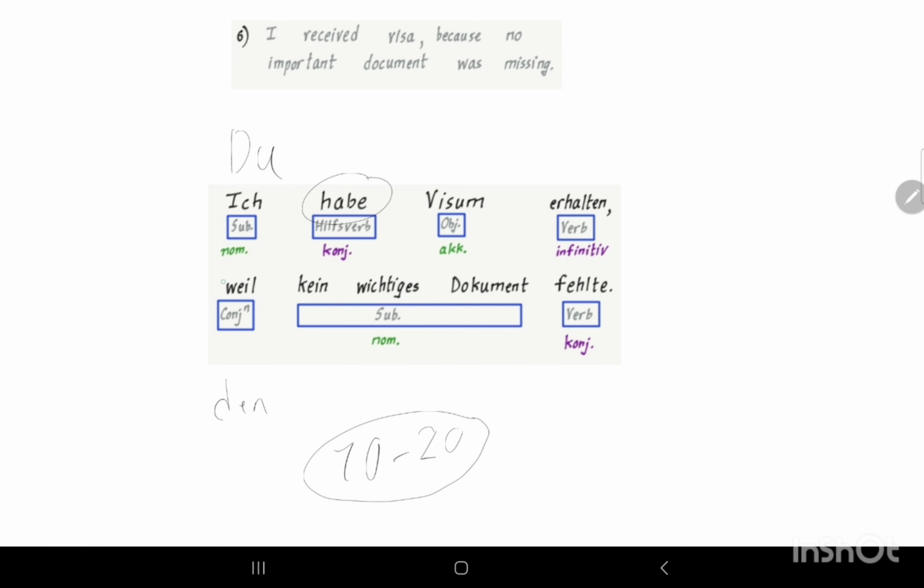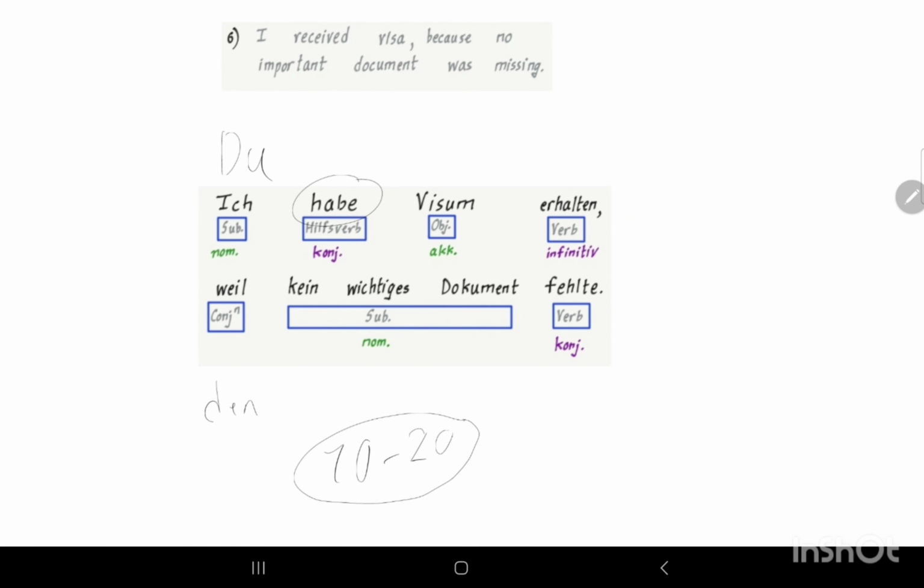If we had used denn, it would have made no difference, because the subject would have been here, and if there was an object you would see it, but there is no object. Even if you use denn, it would still sound the same.